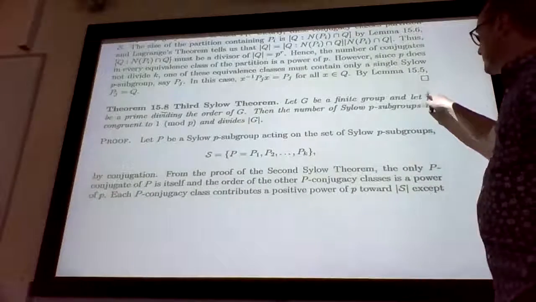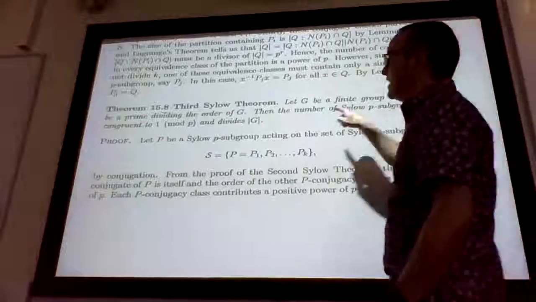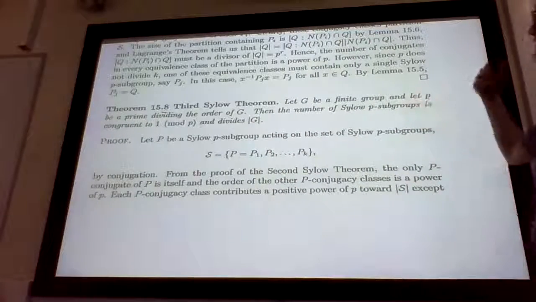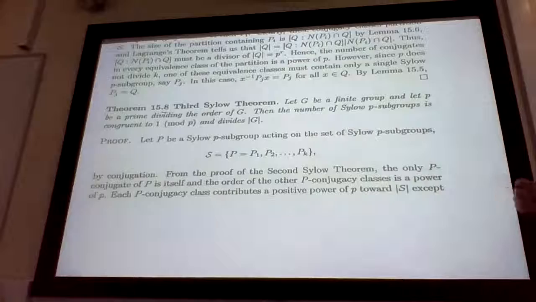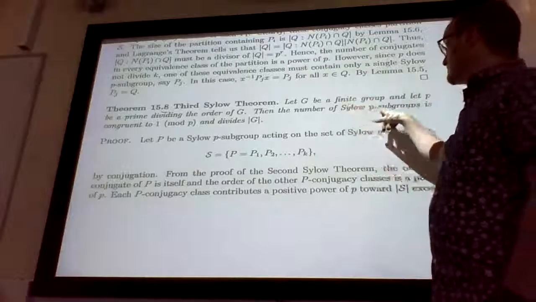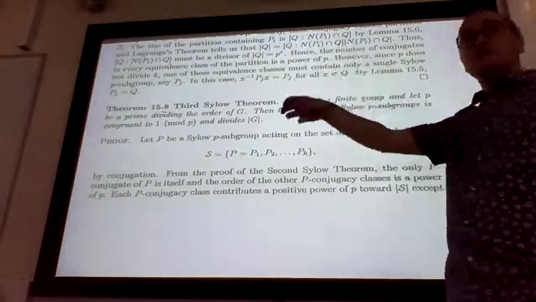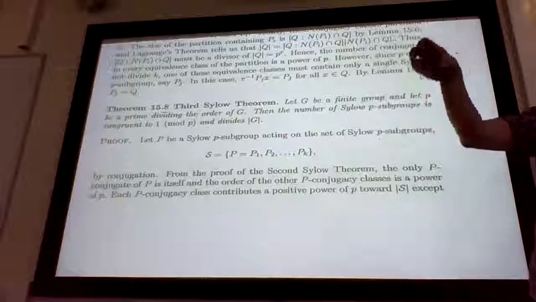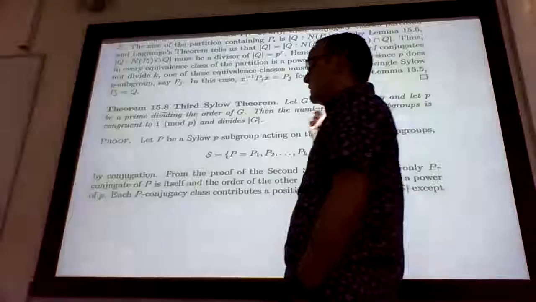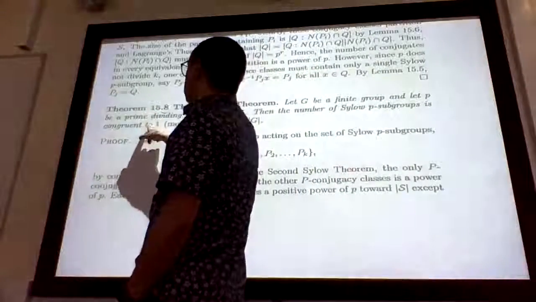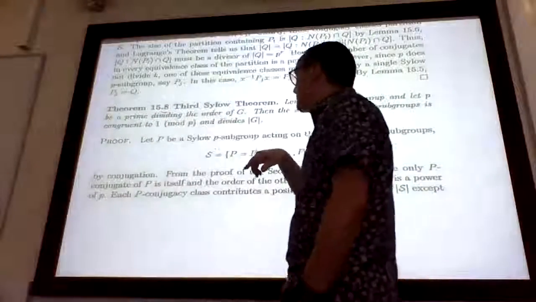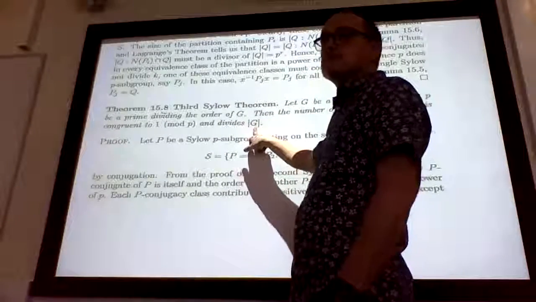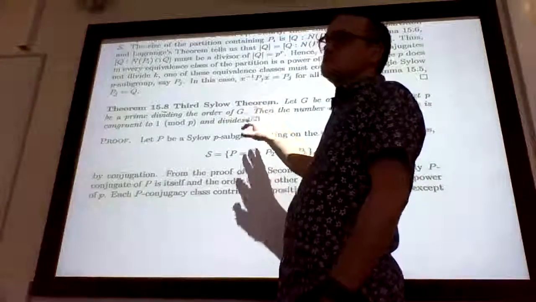They have size this biggest possible power of P that happens to divide the order of G. Now, it doesn't give you a formula for the number of them, but it gives you two important pieces of information. The number of Sylow P subgroups, the number of different conjugates of one of them. Remember, they're all conjugate. The number of distinct subgroups is, it turns out, congruent to 1 modulo P, and in addition, a divisor of the order of G.